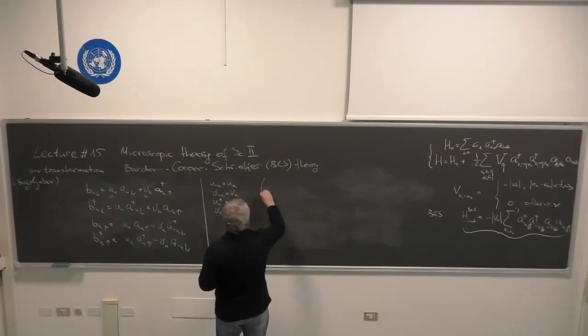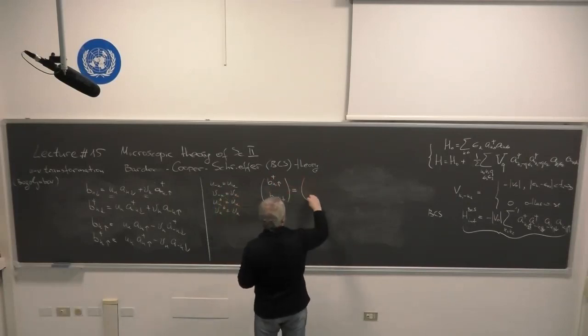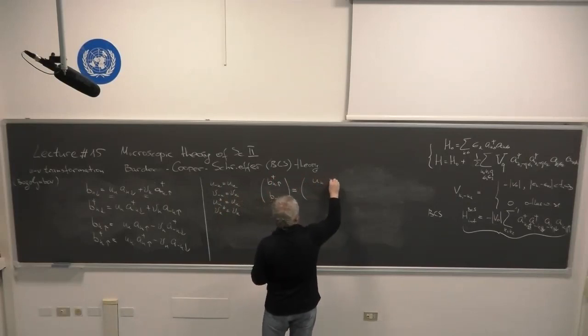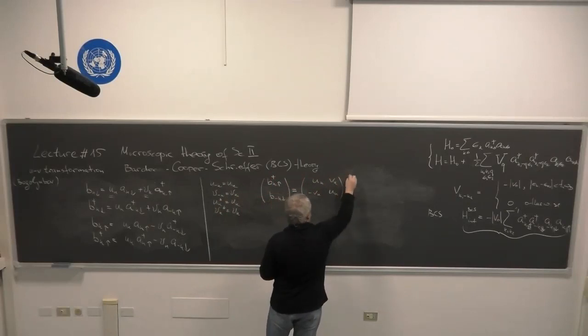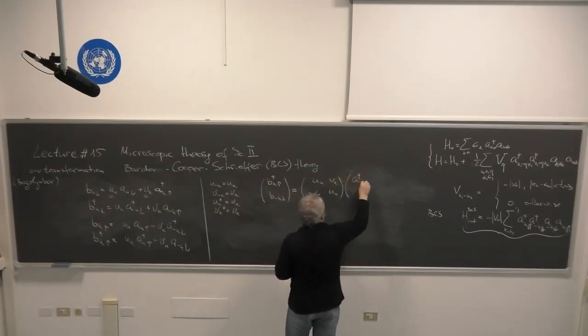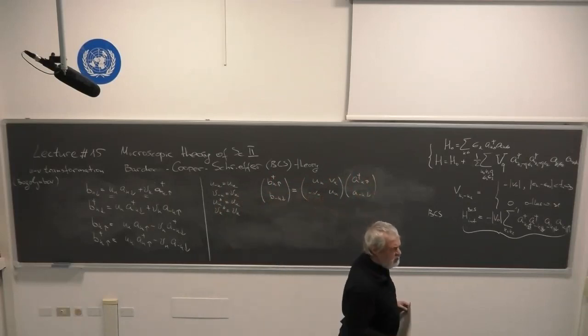I can write it down as b dagger k up, b minus k down is equal to u k, minus v k, times a dagger k up, a minus k down. Of course, you can write down the second pair very easily, but for me it's sufficient to write just one.